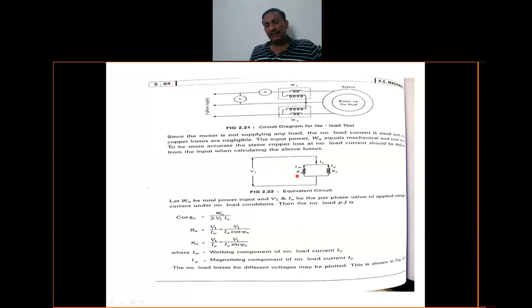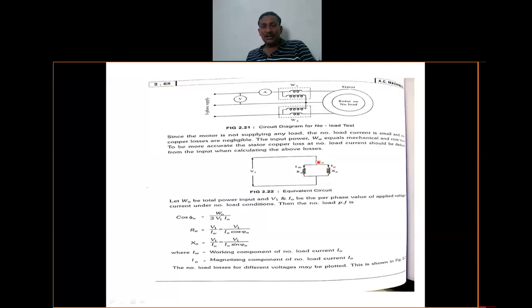This is the working component of the current, IW, the working component of the no load current, used to supply core losses. I mu or Im is the magnetizing current, the magnetizing component needed to produce the required flux in the motor. So this current is useful for magnetizing.